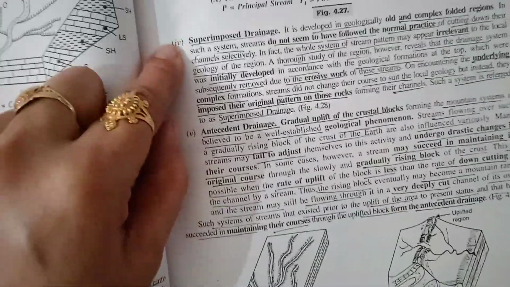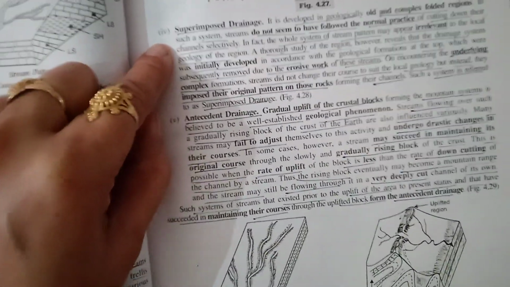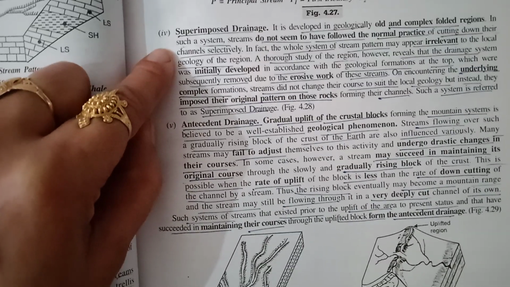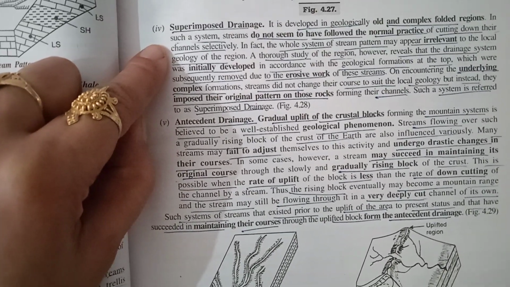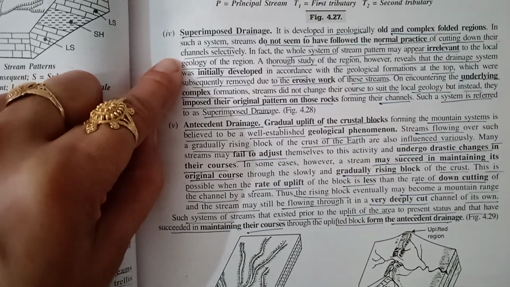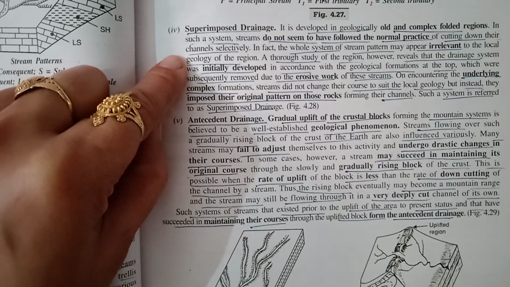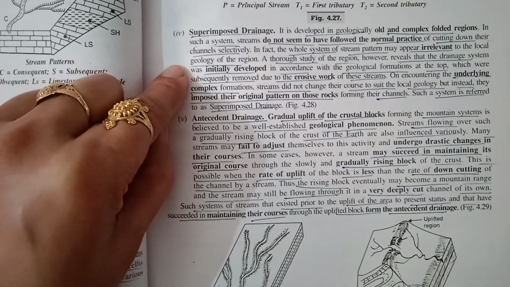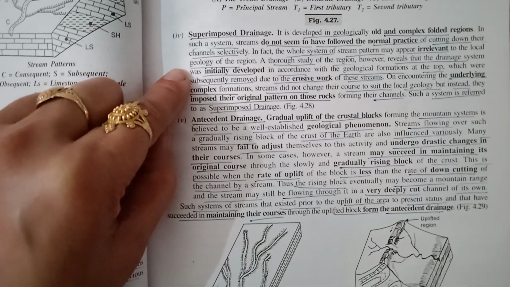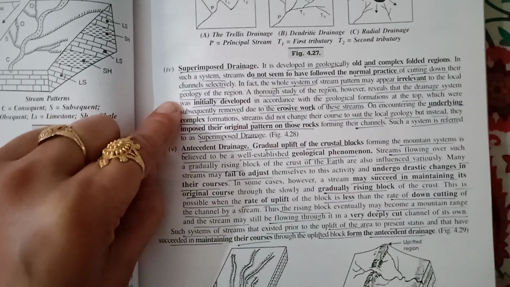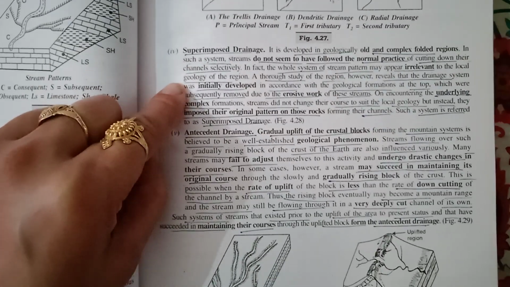Superimposed drainage. It is developed in geologically old and complex fold regions. In such a system, streams do not seem to have followed the normal practice of cutting down their channels selectively. In fact, the whole system of stream patterns may appear irrelevant to the local geology of the region.